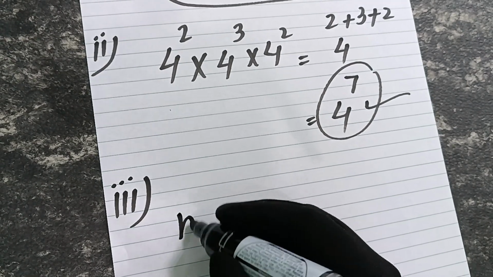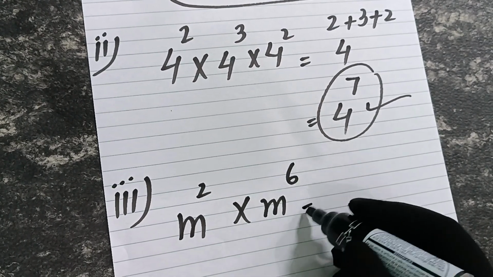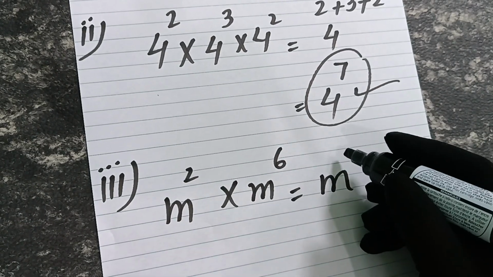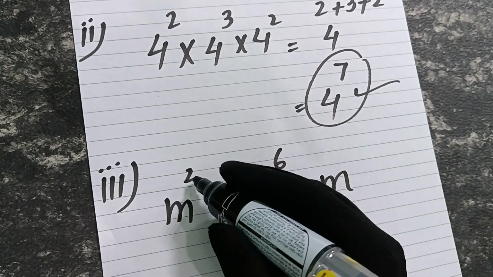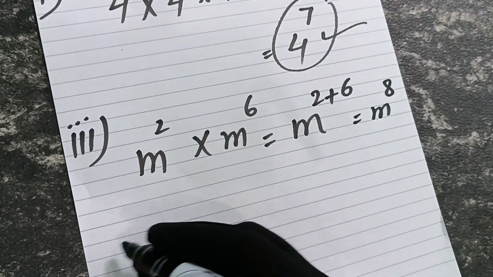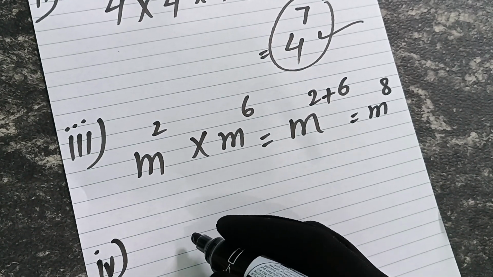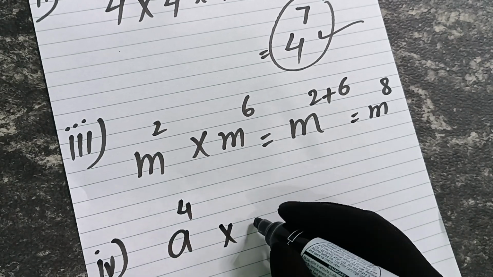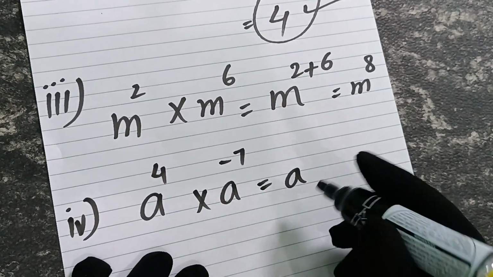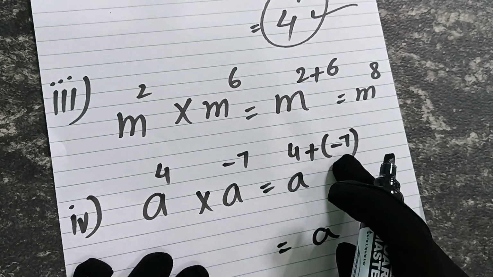If we use a symbolic form, even then it is very easy. The base is the same, so we can apply the first law of indices on this question. 2 plus 6 will be equal to m power 8. Another example, if the powers are not always positive, and one is positive and one is negative, we still have to add the exponents.